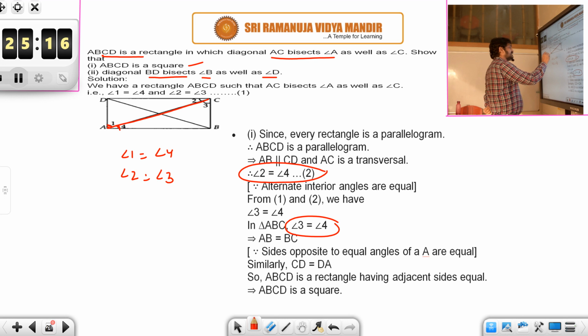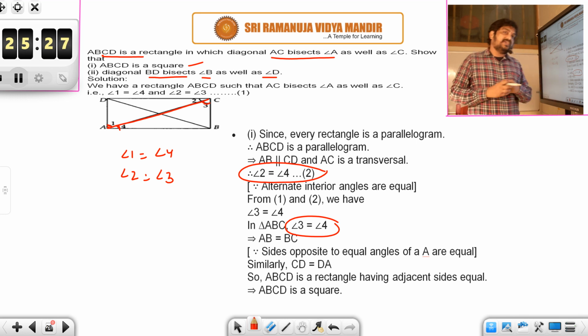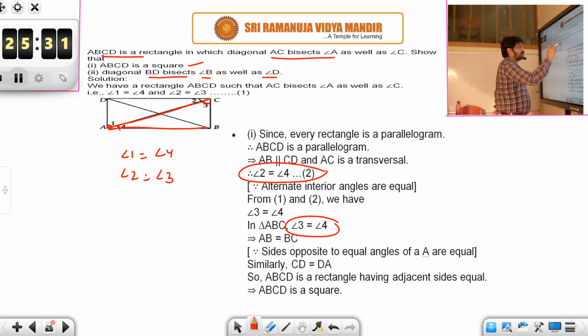Now, if angle 3 is equal to angle 4, in triangle ABC two angles are equal. So the sides opposite to equal angles would also be equal. So we could say that AB will be equal to BC, because AB is the side opposite to angle 3 and BC is the side opposite to angle 4.